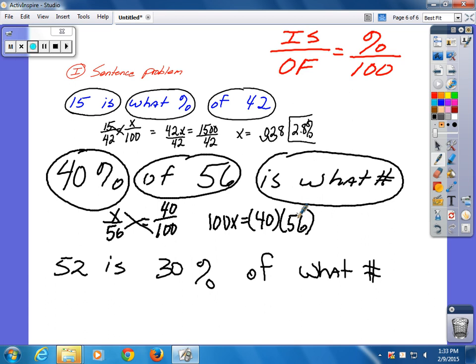Now you really don't need a calculator here, because what's 10% of 56? It's 5.6, and multiply that times 4, you can do that. So you could do that, and then divide by 100, so you move it 2 places. What do you come up with? Or do it in your calculator.